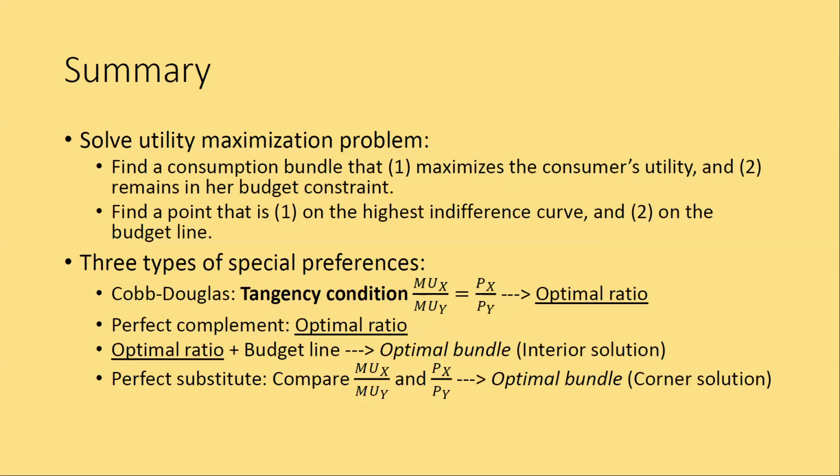And if we have a perfect substitute utility function, well, we are going to compare the slope of the budget line and the slope of the indifference curves. Depending on which one is larger, we are going to obtain the optimal bundle as a corner solution. And the corner solution means that the consumer consumes either none of good X or none of good Y.